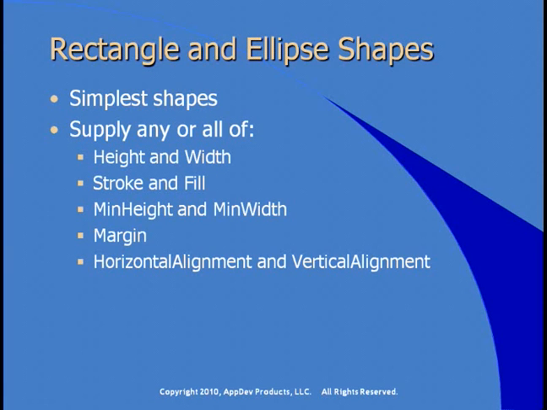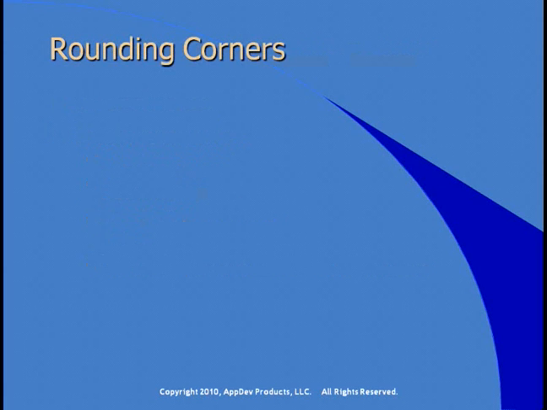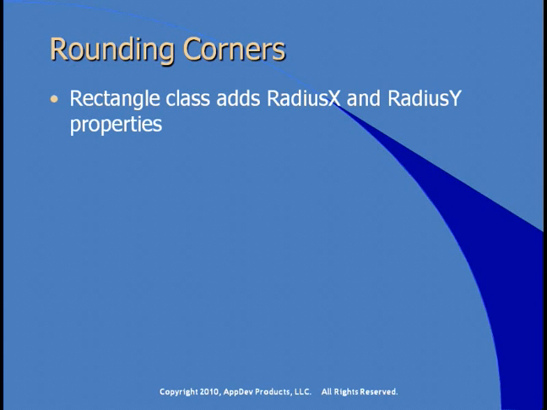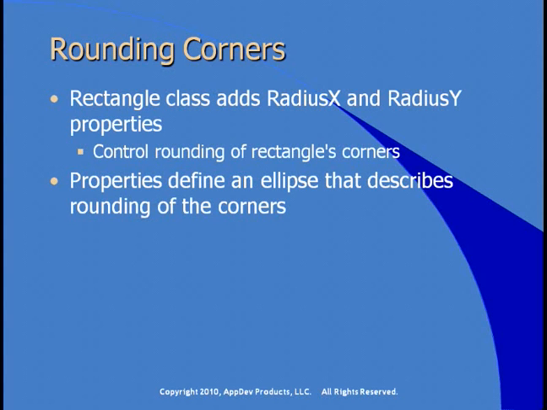Now, before we look at these shapes, let me talk a bit about rounding corners on a rectangle. The rectangle class adds to the properties provided by the shape class radius x and radius y properties. These control the rounding of the rectangle's corners. Basically, these properties define an ellipse that describes the rounding of the corners.